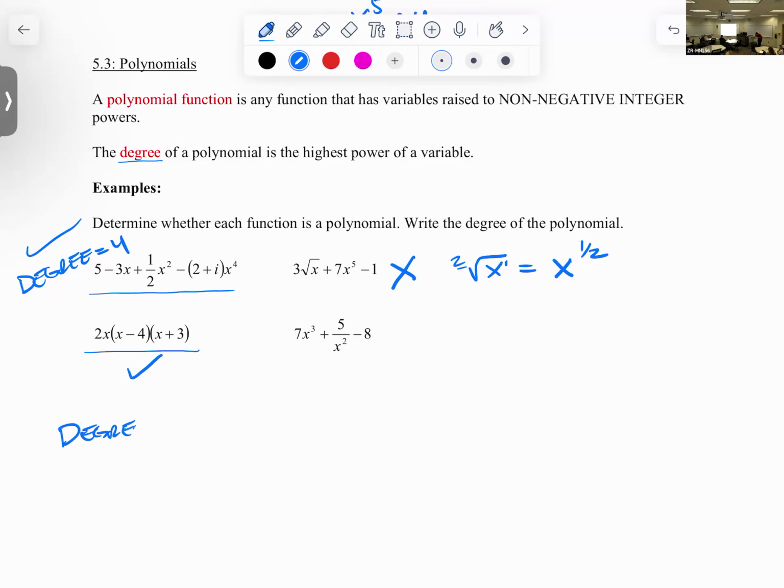The degree is the tricky part here. So you have to distribute it. We would have to completely rainbow and multiply this out, but we can do that kind of fast. The degree is just the highest power, so I don't care about all the other ones. If I have x and an x and an x, that's a power 1, 1, 1. And guess what the degree is? 3.